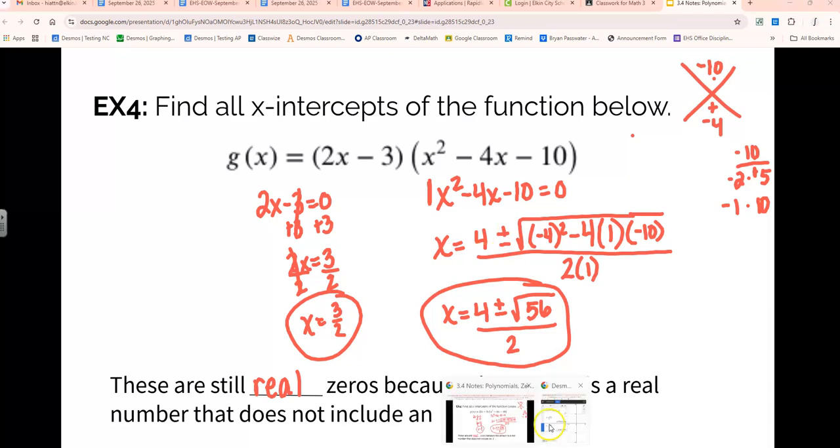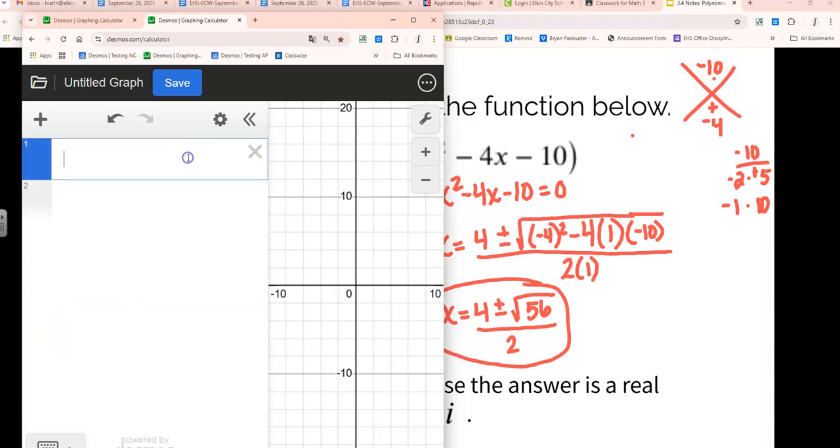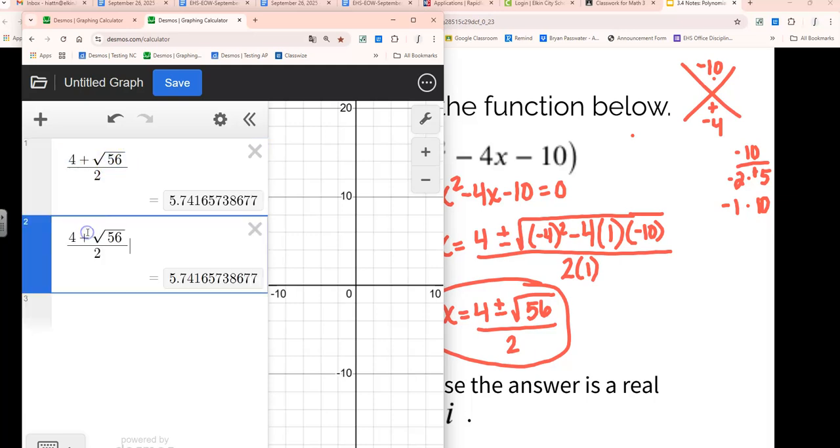If I go over here and type it into Desmos, if I do 4 plus square root of 56 all divided by 2, I get a real number. Or if I do it with the minus sign, I also get a real number. So these are still real zeros.